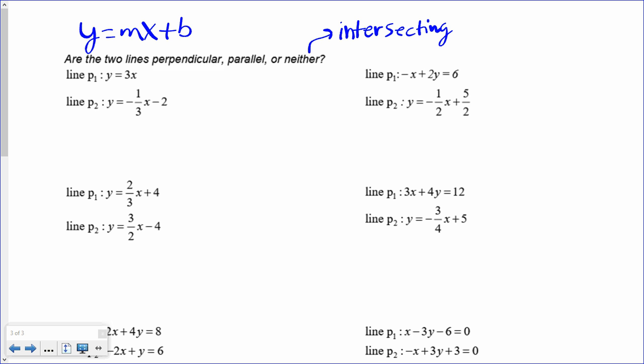Is this in slope-intercept form? Yes, it is. As long as the y is by itself and everything else is on the other side, you're good. What about this one? Yes. Okay, so they're both in slope-intercept form. I like to draw little check marks when I know they're both the way they're supposed to be written. Now we're going to take a look at the slope. I have a slope of 3 and a slope of -1/3. That's perfect. That's perpendicular. Does everybody agree? Yeah, so you're correct. These are perpendicular.